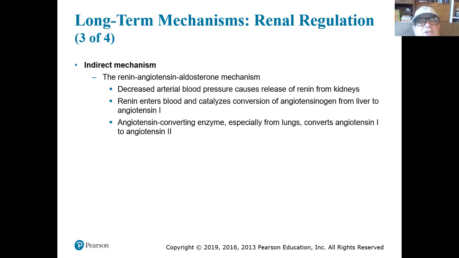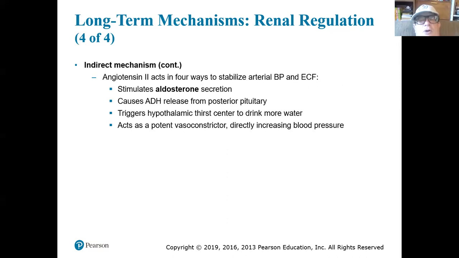And that angiotensin 2 is what is going to make you thirstier, so you drink more, and cause you to release ADH, so you don't pee that extra fluid out, you keep it. Like I said, it makes you thirsty, so you absorb more water. It is also a very strong vasoconstrictor.